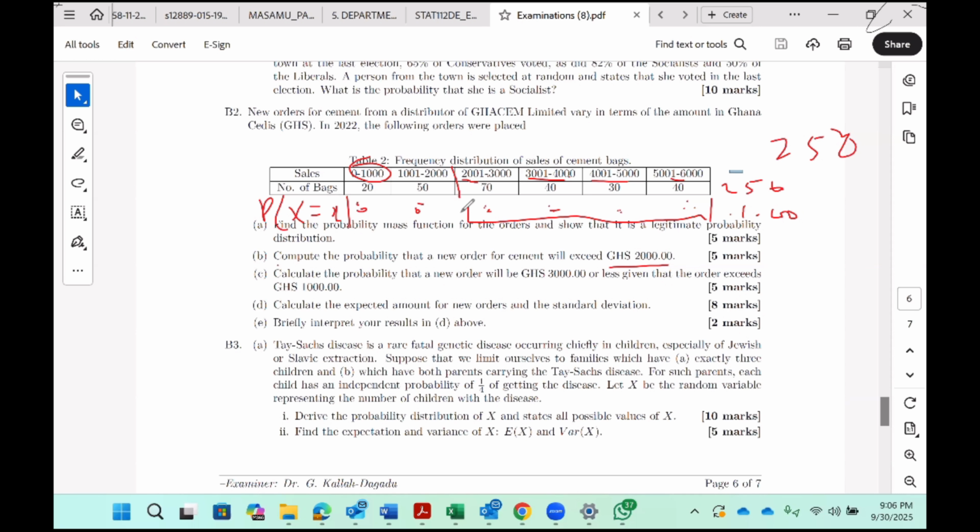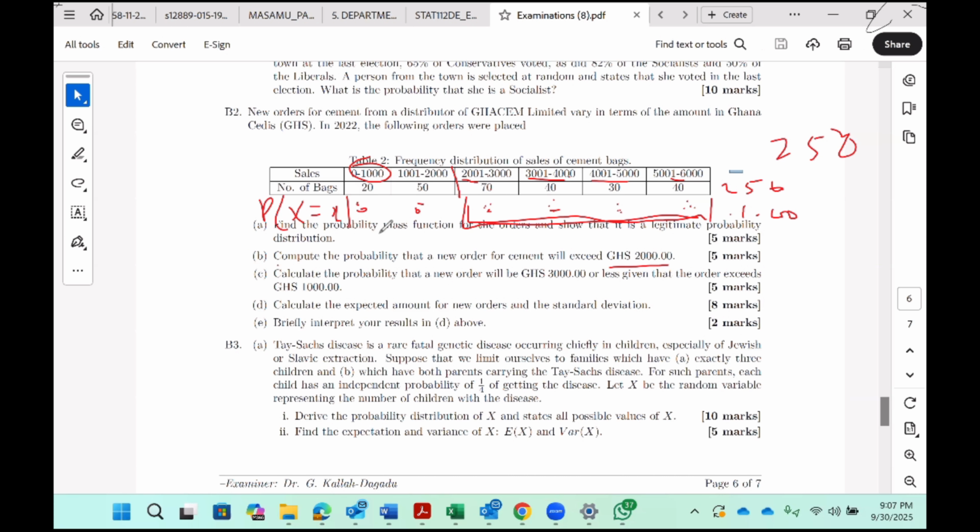So you add the probabilities: 70 over 250 plus 40 over 250 plus 30 over 250 plus 40 over 250. The sum of these four probabilities will give you the probability that the new order is greater than 2,000 Ghana cedis. Is that okay? It's greater than 2,000 cedis.